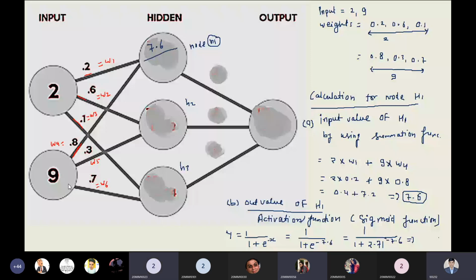Yes, sir, 0.9995. Same answer, no issue. So I can write over here 0.9995.